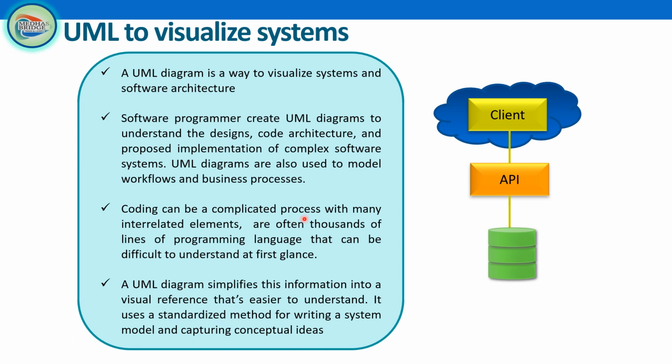Coding can be a complicated process with many interrelated elements, often thousands of lines of the programming language that can be difficult to understand at first glance. A UML diagram simplifies this information into a visual reference that's easier to understand. It uses a standard method for writing a system model and capturing conceptual ideas.